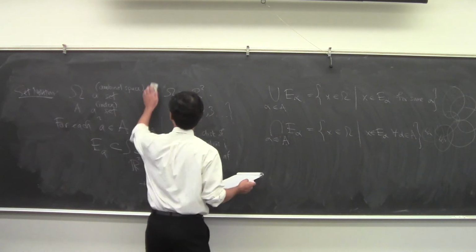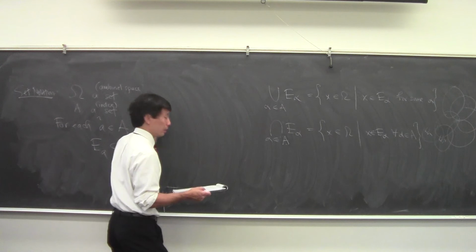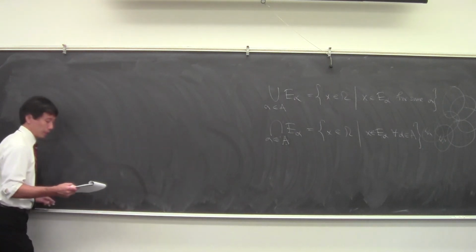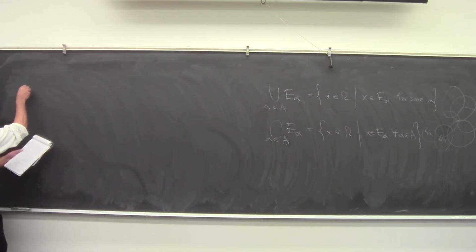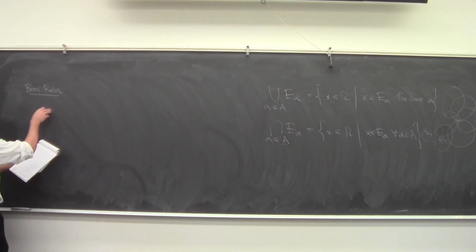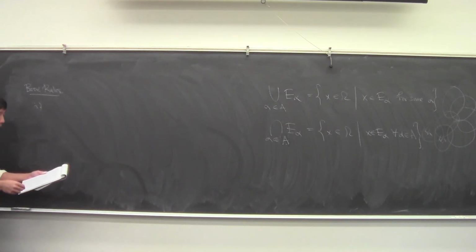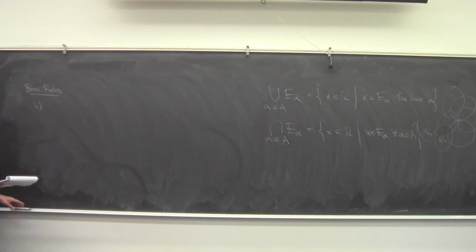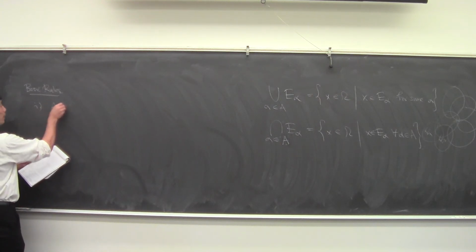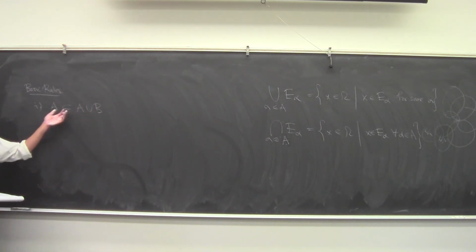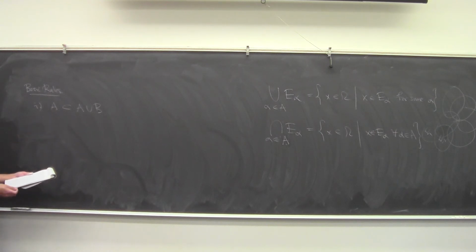Some basic rules of sets. These do need to be proven, but I'm just going to state them. Any set A is contained in the union of A with something else.